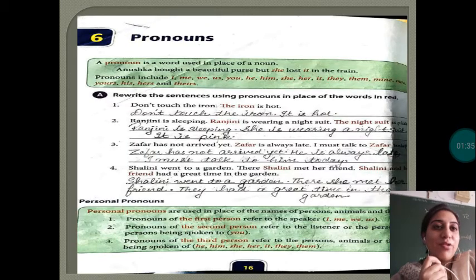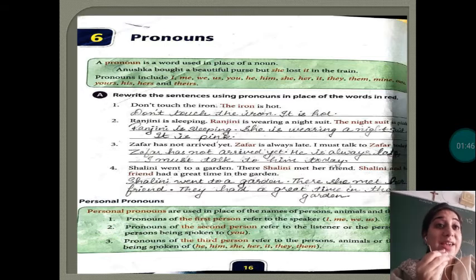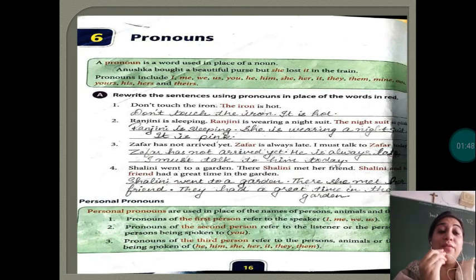Now students, the textual portion. A pronoun is a word used in place of a noun. Anushka bought a beautiful purse but she lost it in the train. Now she and it are the pronouns. We cannot repeat the word Anushka and purse. So instead of using Anushka and purse, what are we using?